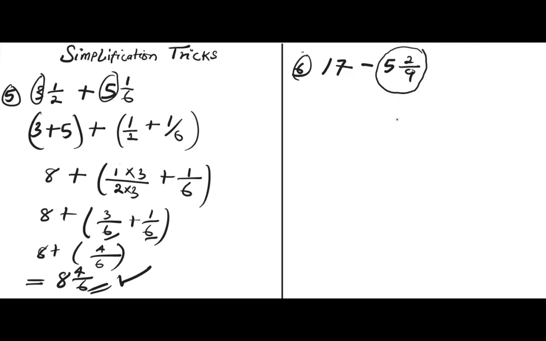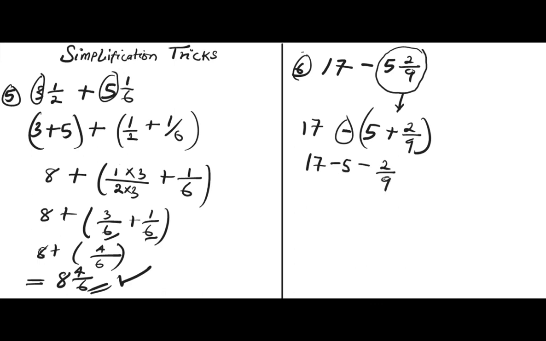This can be written as 5 plus 2 over 9, and we have a negative sign here. So you have the 17. Now if you use this negative sign to distribute, you're going to have 17 minus 5 minus 2 over 9.